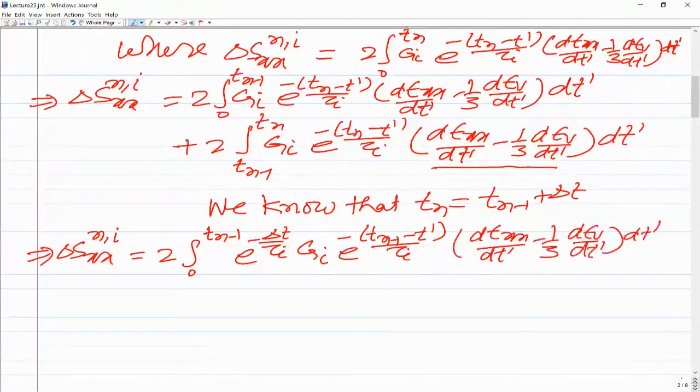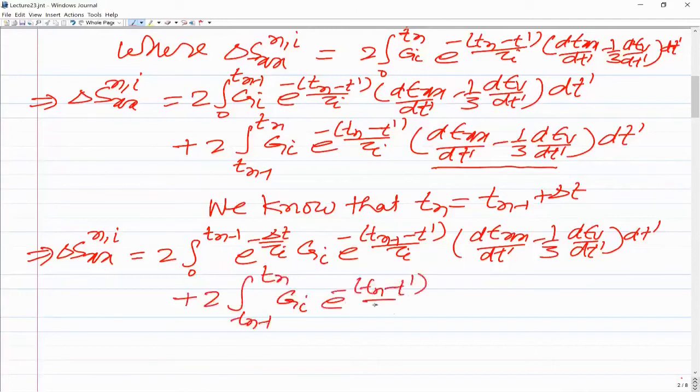So that is how you can write this term, and plus the second one, twice the integration from tn minus 1 to tn, you have this gi e to the power minus (tn minus t dash) upon tau I. And now again, for each interval we assume that the strain rates are constant.